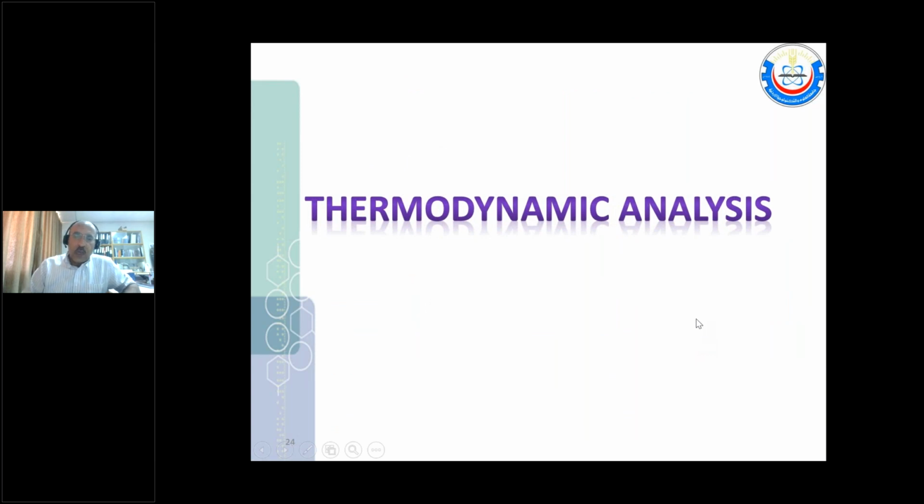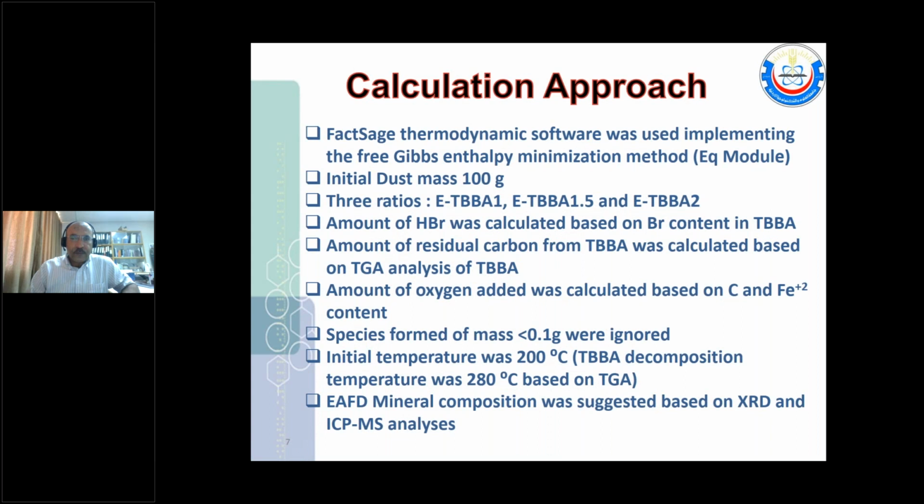Okay, now coming to the thermodynamic analysis, our approach was as follows. We use the equilibrium module in FactSage, which implements the Gibbs free energy minimization method.